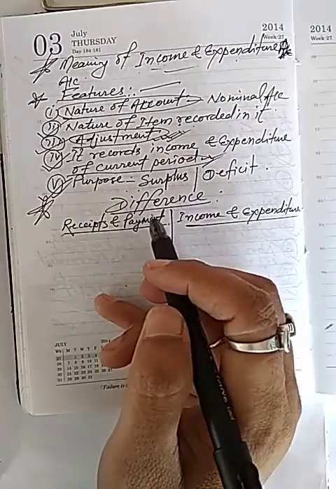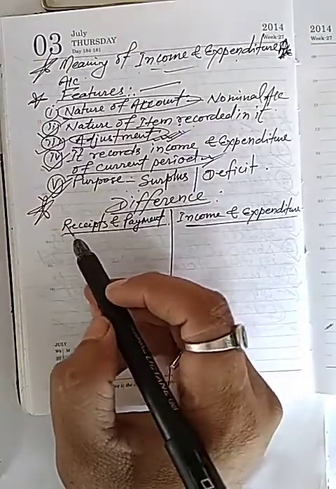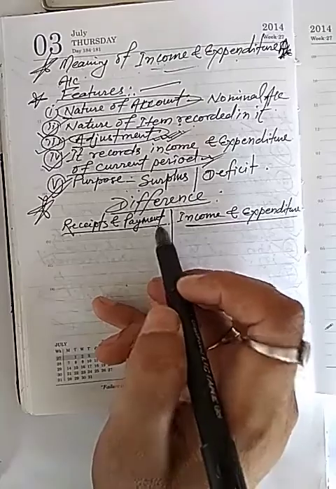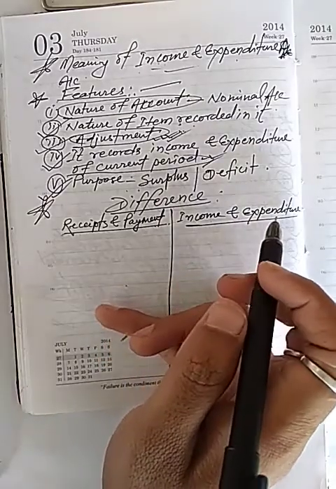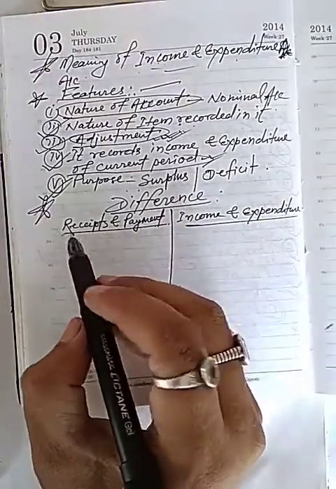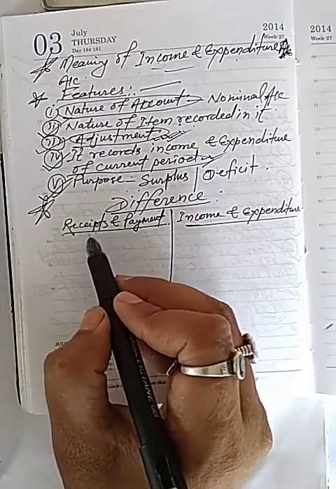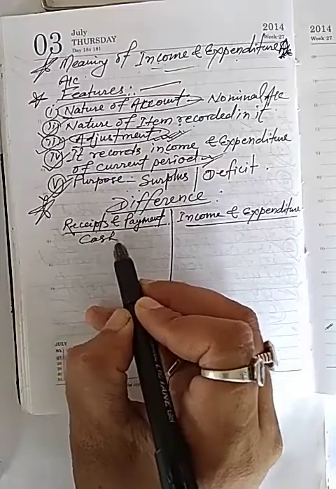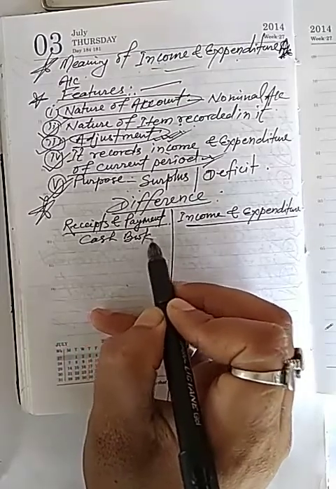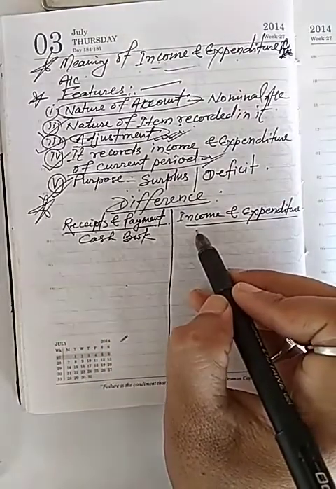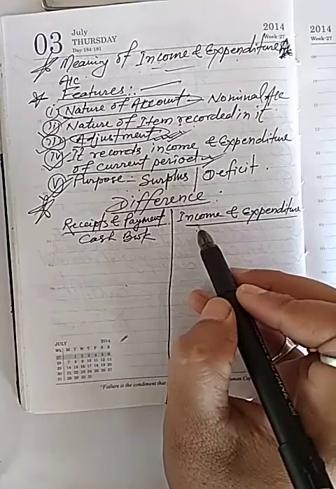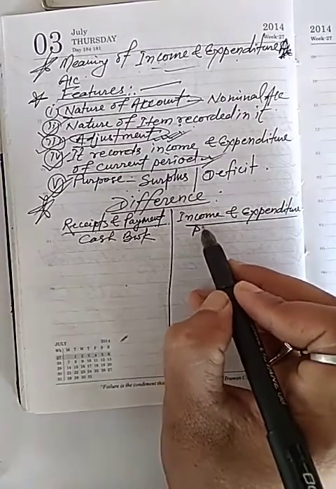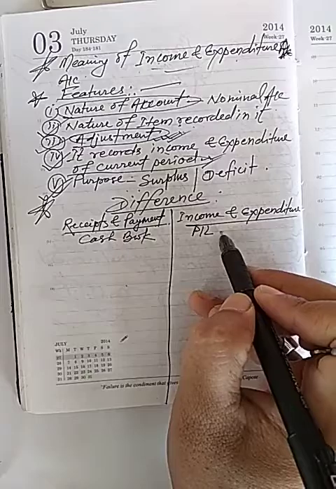Difference between receipt and payment account and income and expenditure account. First difference is receipt and payment account is a summary of cash book, but income and expenditure account is prepared like a profit and loss account.